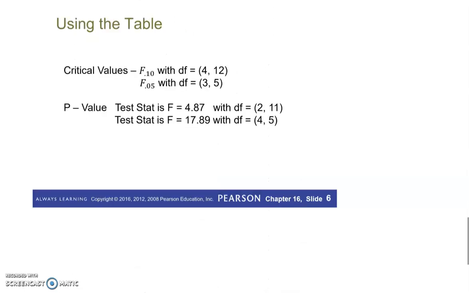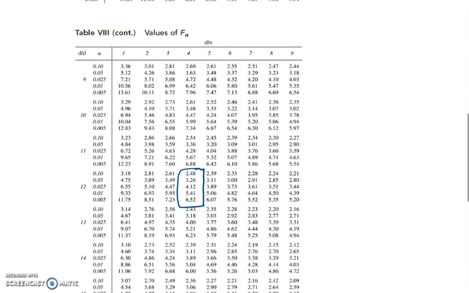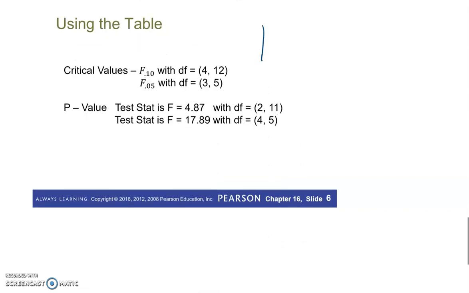And I had stated we wanted 0.10 for a significance level. So your critical value in that case is going to be 2.48. So if I was drawing an F curve, my critical value would be 2.48, and if my F test statistic falls on this side, it's reject, and over here would be do not reject.